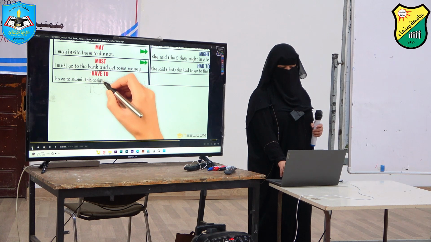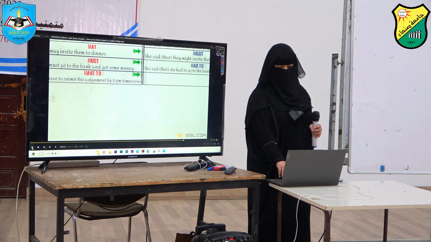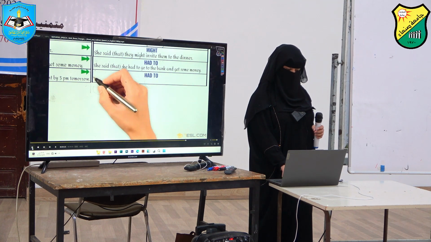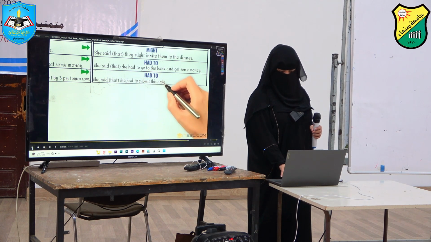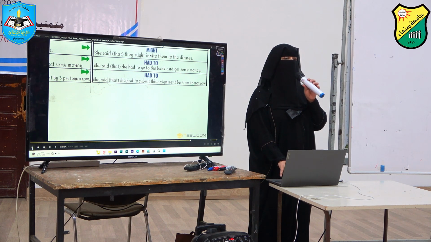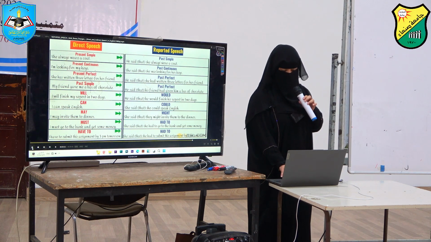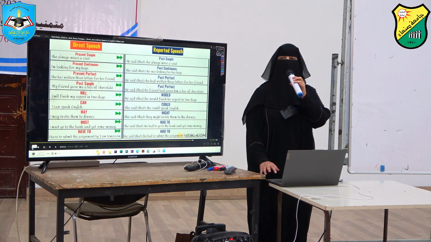Submit this assignment by 3 p.m. tomorrow. She said that she had to submit this assignment by 3 p.m. tomorrow. So we have must and have to. It's going to be the same, had to. Okay? It's easy. You have just to be careful about the tense.